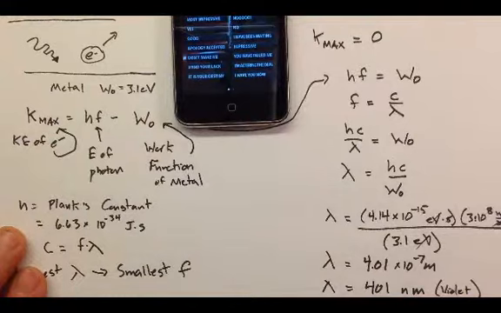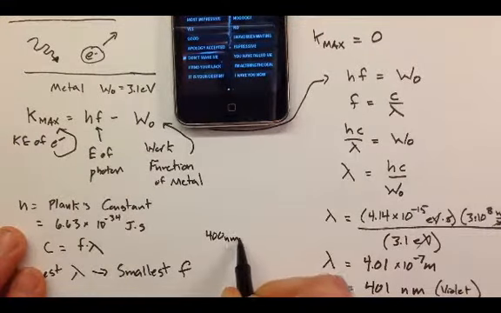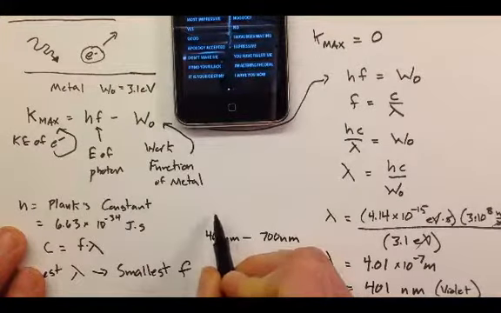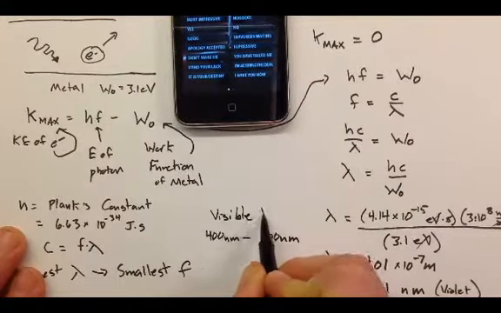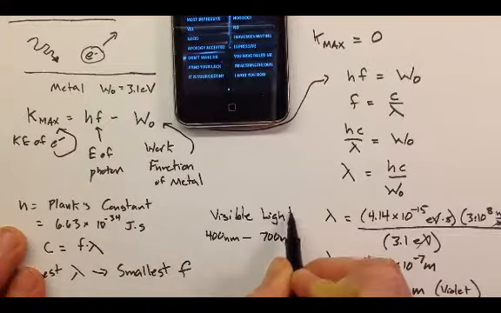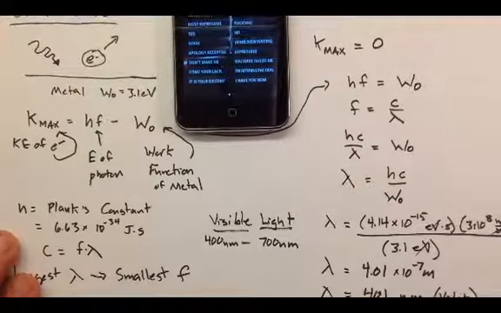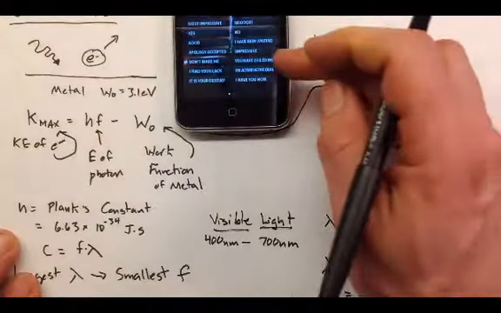When looking at the electromagnetic spectrum, typically 400 nanometers to 700 nanometers is visible light, I should say, not the full electromagnetic spectrum. But this is usually the range of wavelengths for visible light. So that's the deal there.